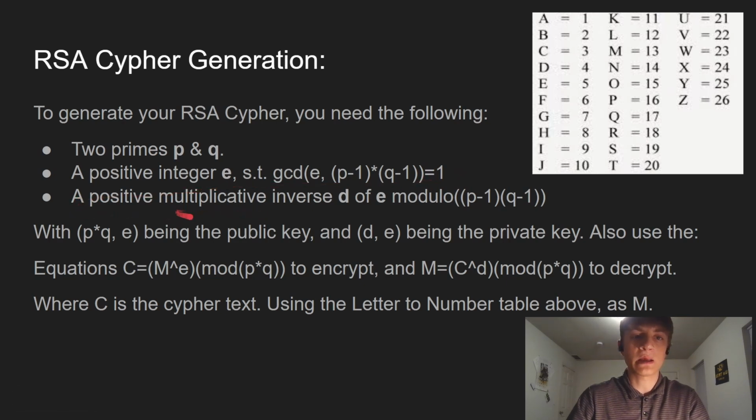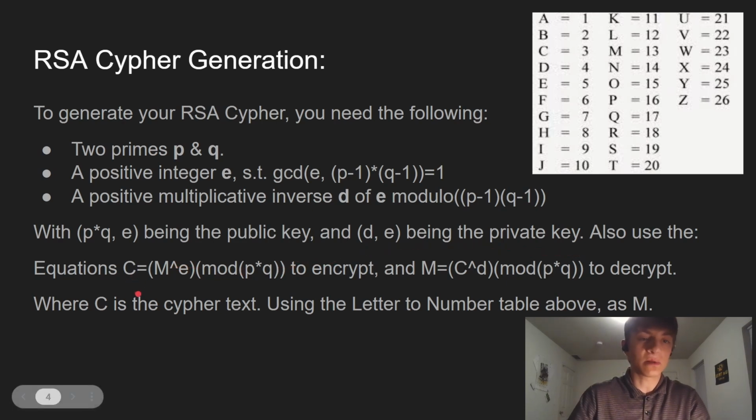And you also need a positive multiplicative inverse d of e modulo p minus 1 times q minus 1. So with p times q, comma e being the public key, and p times q, comma d is your private key.